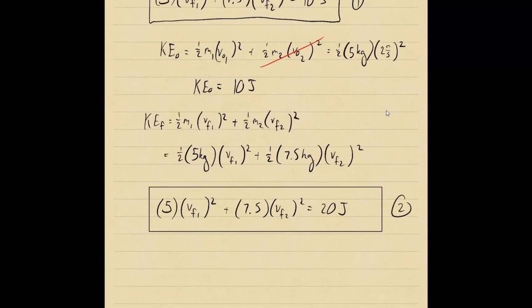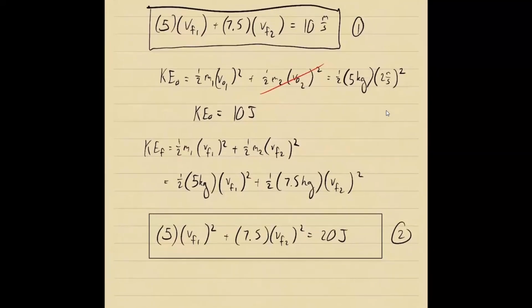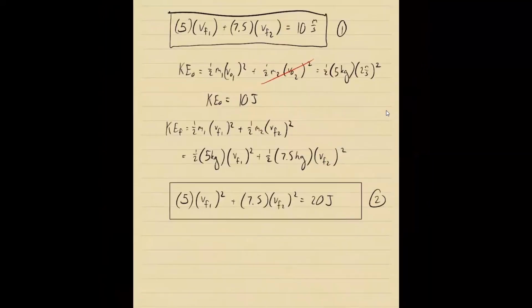And so now what we're going to do is solve equation 1 for the final velocity of our first ball.